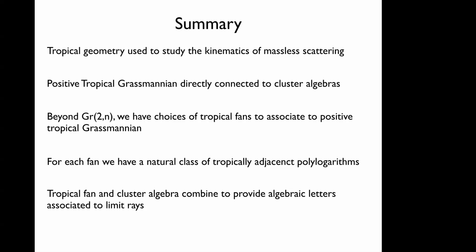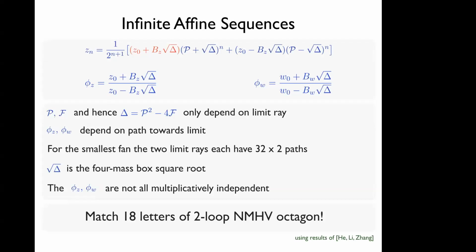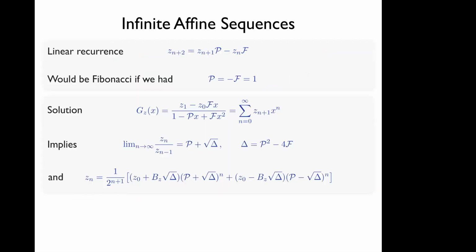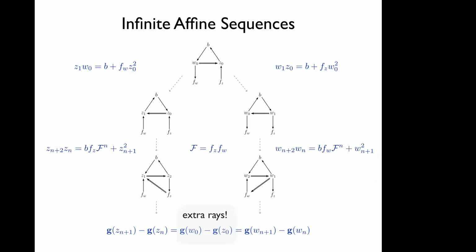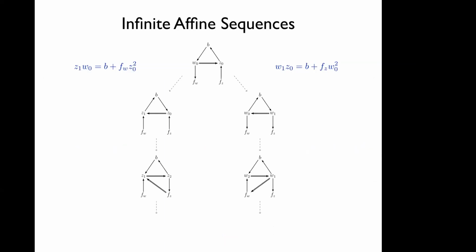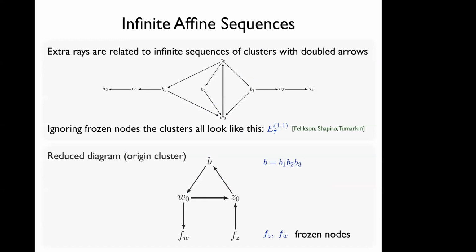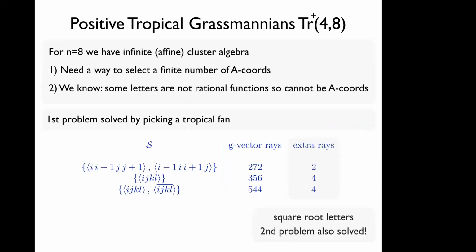My question was about these extra rays that you described. You choose two special affine sequences and you get as limit the corresponding G vectors. Is there any reason why you choose these sequences? What is so special about exactly these sequences of mutations?